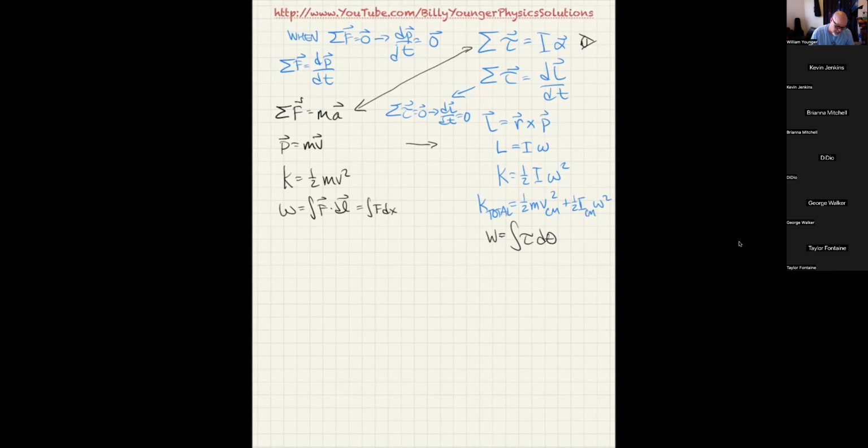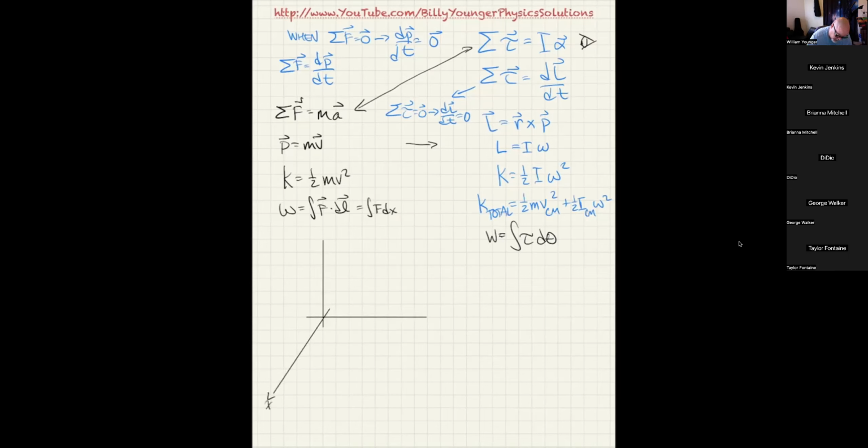So let's imagine I have an axis. We have a z-axis this way, a y-axis that way, and an x-axis this way.